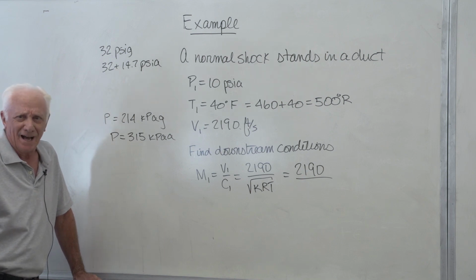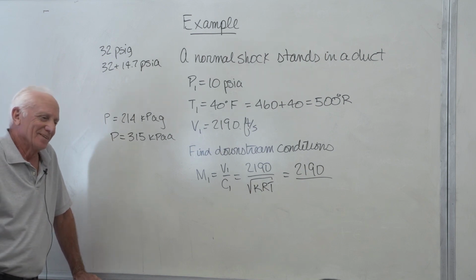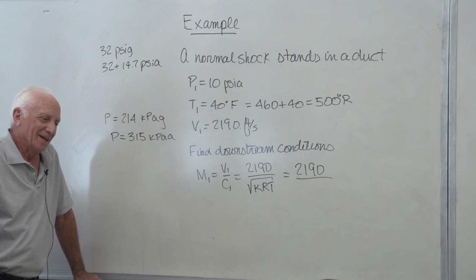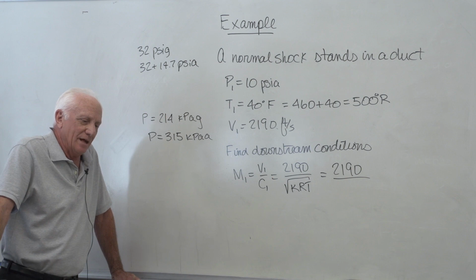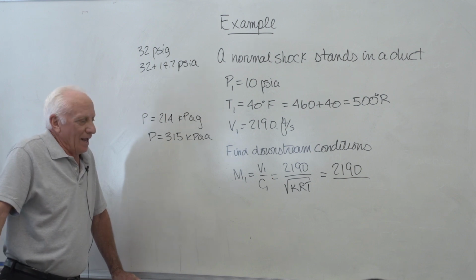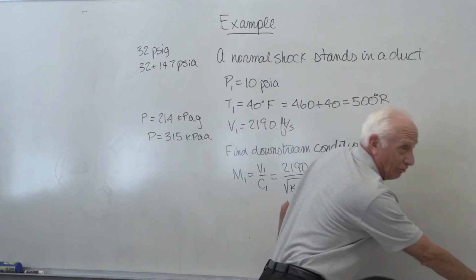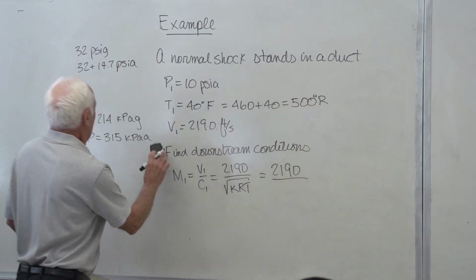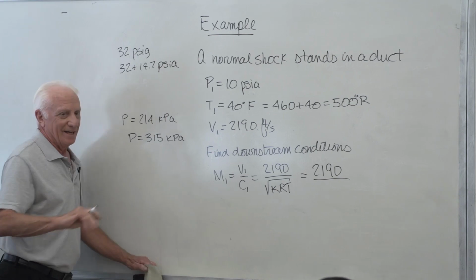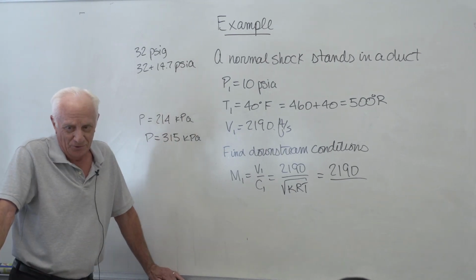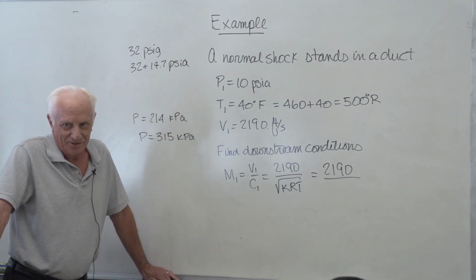Say, kPa? What's that? You know, here's the deal. In British gravitational, we're very specific. We put an A and a G after the PSI. In SI, here's the rule. They don't use A and G. If you see kPa, you're supposed to assume that's absolute. That's the rule.